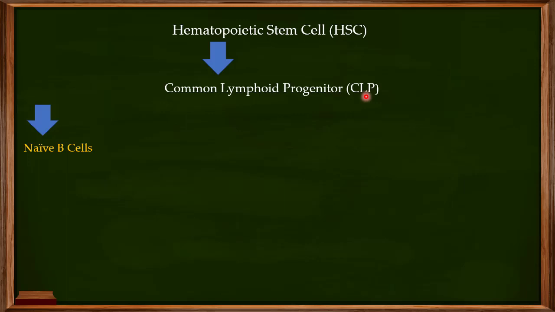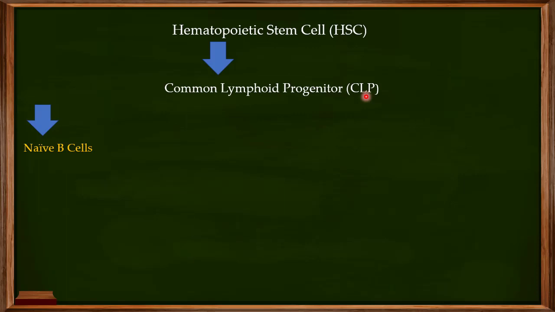If you remember in the last video, I also told you about tolerance, and I've told you that all of the cells, once they are produced, are going to go through those tests to make sure that they only target the foreign cells, the foreign organisms, and they do not target the self cells.